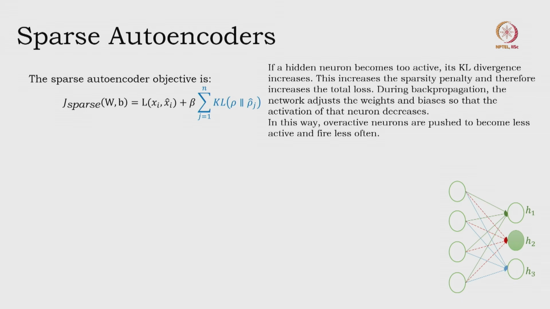So this is the final slide for sparse autoencoders, where the overall objective is reconstruction, and for this you are adding a penalty, and that penalty here is the KL divergence, the sparse penalty. Now you see, this particular diagram will give us the entire intuition.